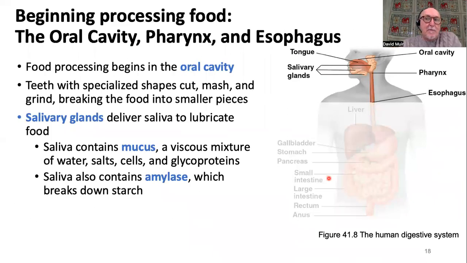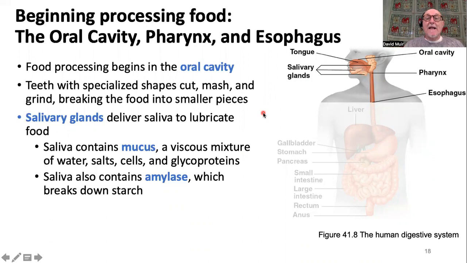So when we look at the structure of our own digestive tract, the first part is from the mouth on, right? So the first part is the oral cavity, and there are a set of glands accessory to the oral cavity, which are the salivary glands underneath here, and then up around on the sides of the face there.